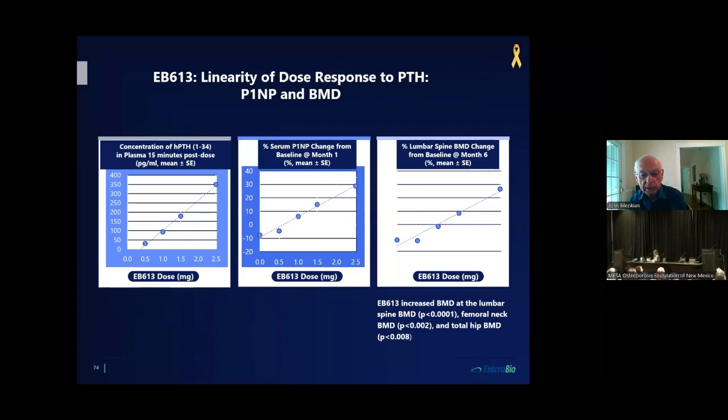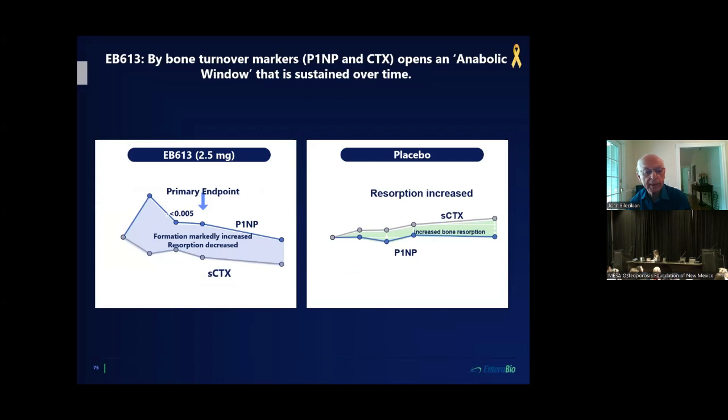And in the middle, you can see at the different doses of EB613, a progressive increase in P1NP after 1 month. And on the right, very early 6-month data, arguing that this oral PTH is also increasing lumbar spine bone density.